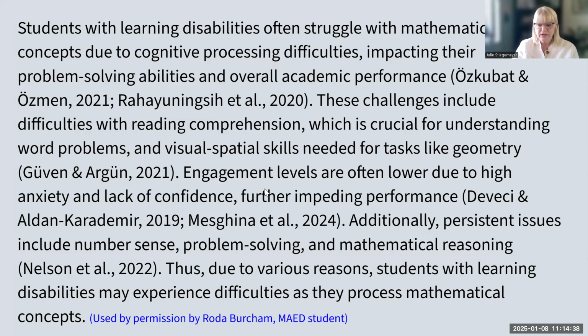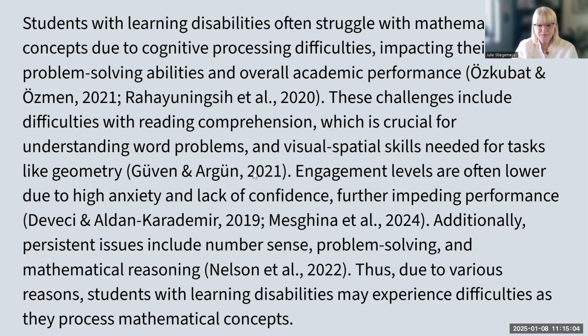Engagement levels are often lower due to high anxiety and a lack of competence, further impeding performance. Additionally, persistent issues include number sense, problem solving, and mathematical reasoning. Thus, due to various reasons, students with learning disabilities may experience difficulties as they process mathematical concepts. So thanks to Rhoda Burcham for this excellent example.